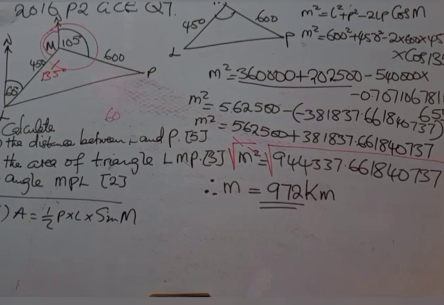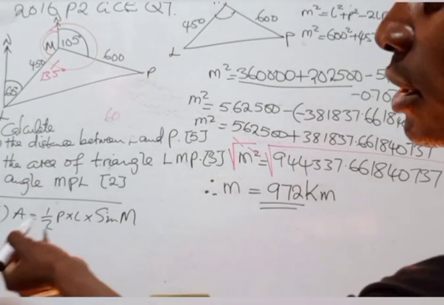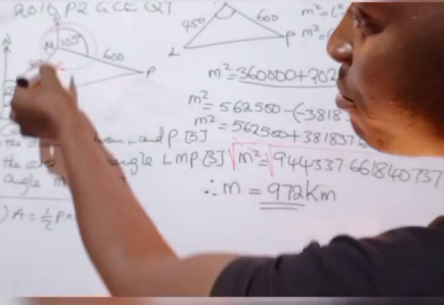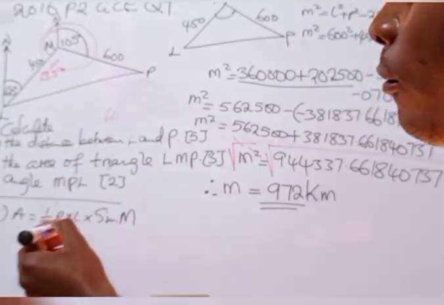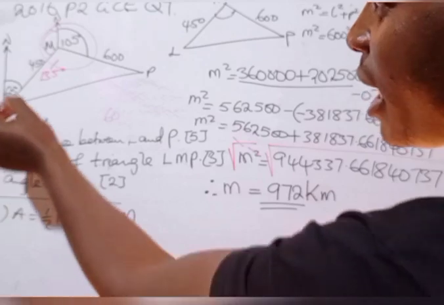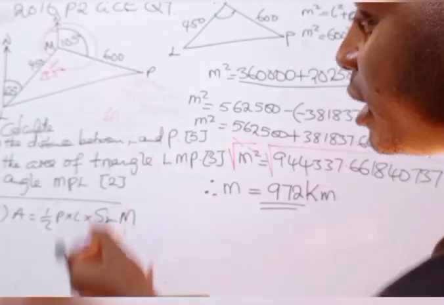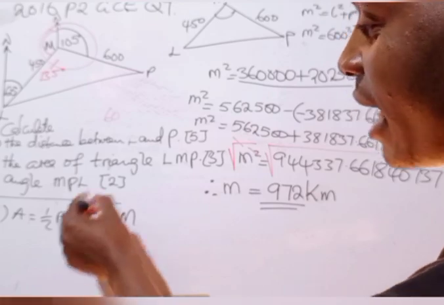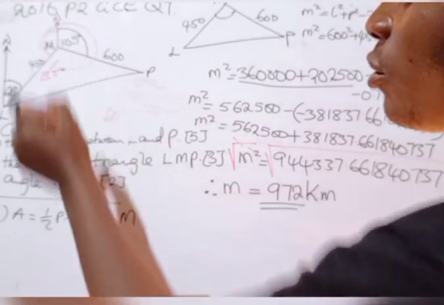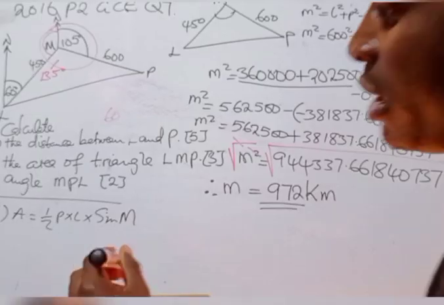To find the area, we'll say area is equal to 1 over 2 multiplied by side small letter p, which is 450, multiplied by side L, which is 600, then multiplied by sine m, which is this m we got there, 135.